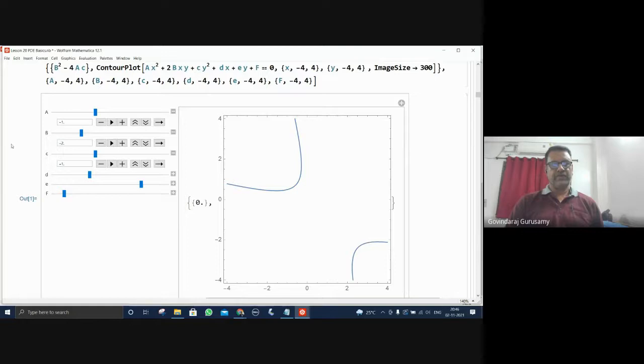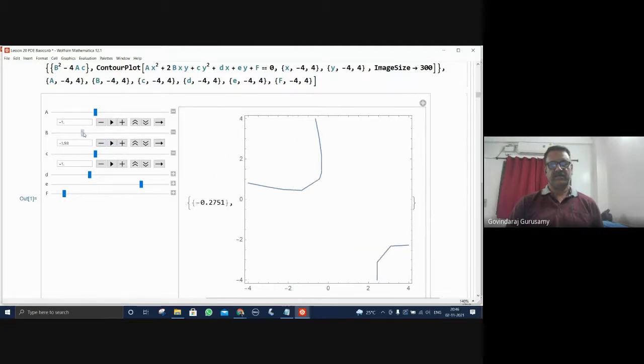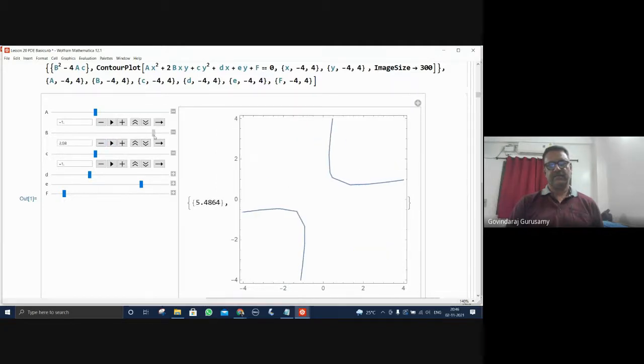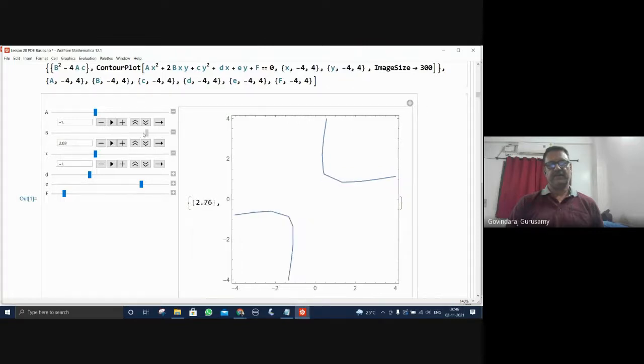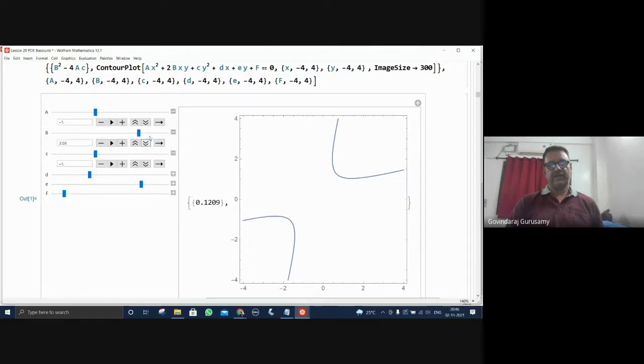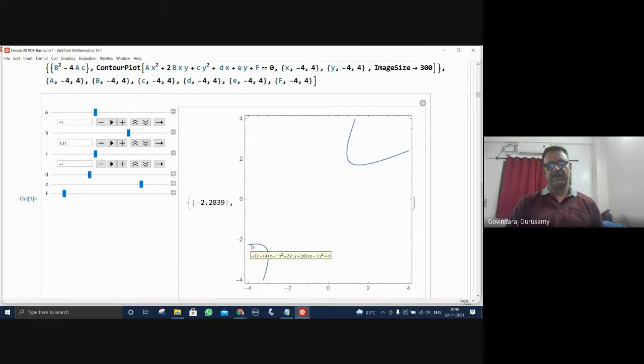There are two types we have shown, which is a parabola, and then you have come to the positive one. This is a hyperbola. Whenever you are in the positive region, it's a hyperbola. And when you are going to negative here, it is part of the ellipse. Please remember that this is part of the ellipse.